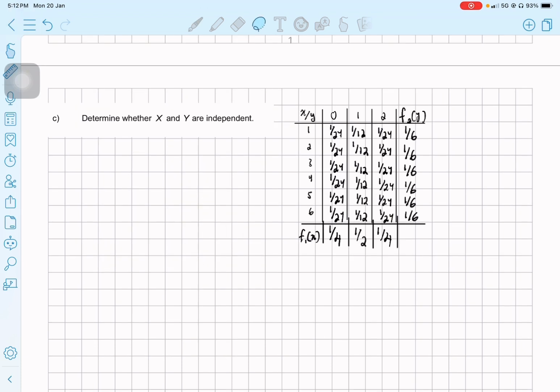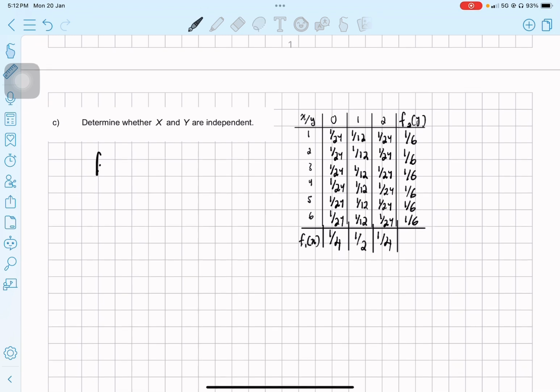The next question is to determine whether X and Y are independent by using this formula: f(x, y) equals f(x) times f(y).